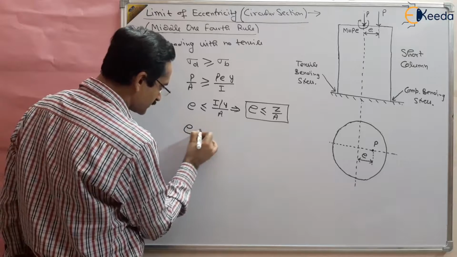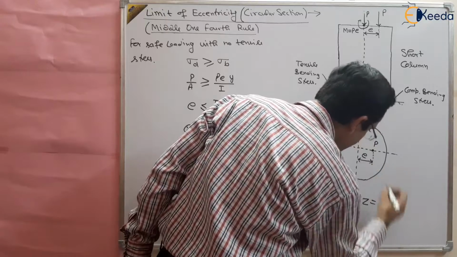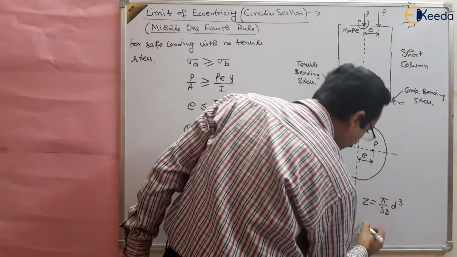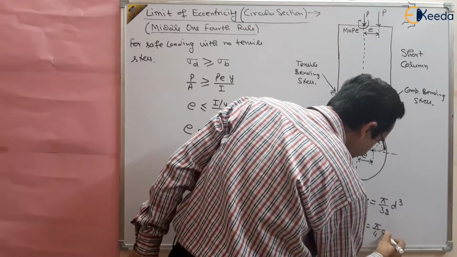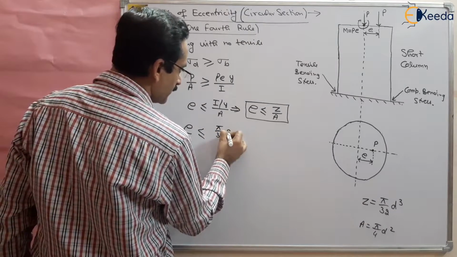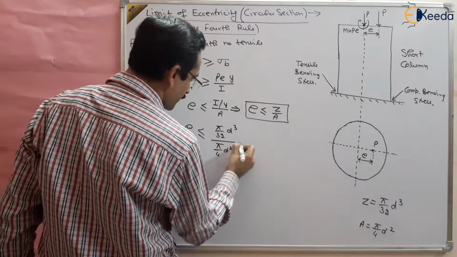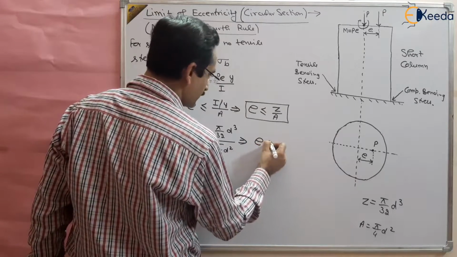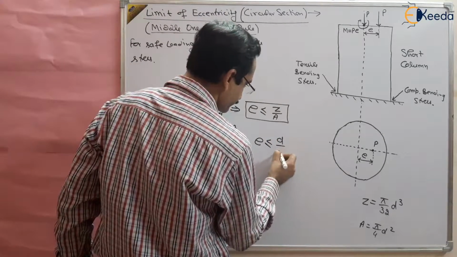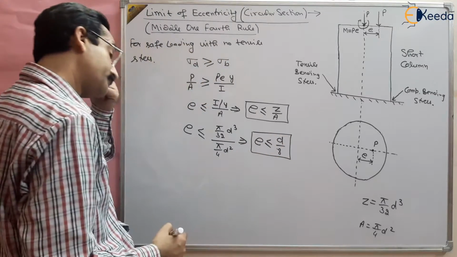So eccentricity should be less than or equal to, put the value of Z, pi by 32 d cube, upon area, pi by 4 d square. So this implies E should be less than or equal to d by 8. So eccentricity should be less than or equal to d by 8.